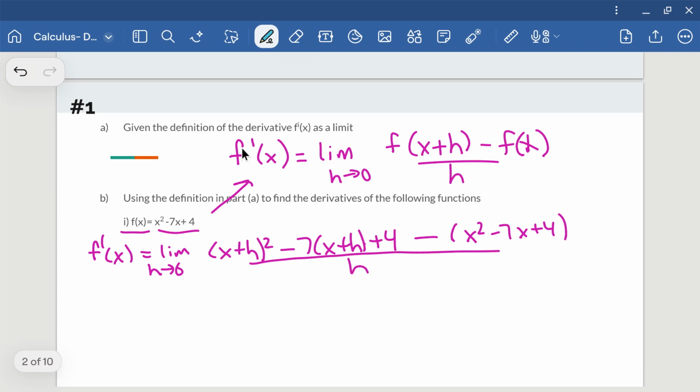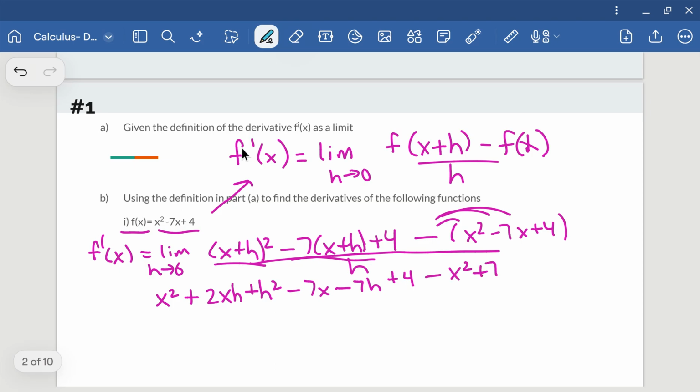We will notice that we can expand out the numerator. So just expanding that out, we would get x squared plus 2xh plus h squared, and then continue to expand, minus 7x minus 7 times h plus 4, and then distributing that negative through the bracket, minus x squared plus 7x minus 4, and this is all over h.